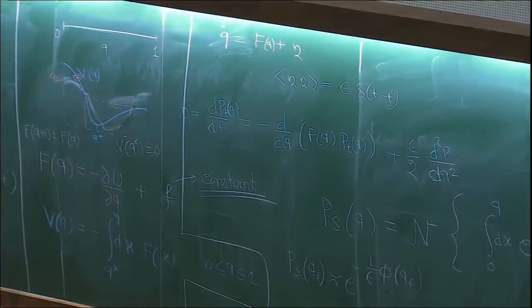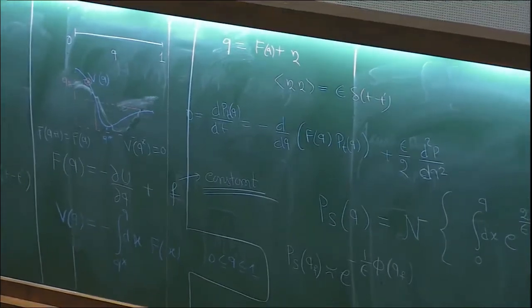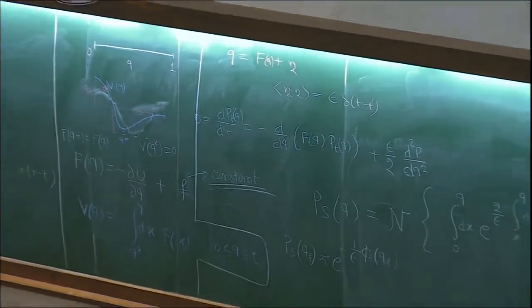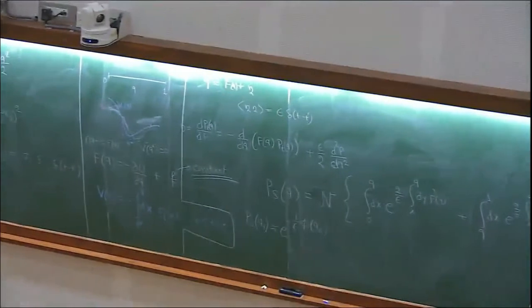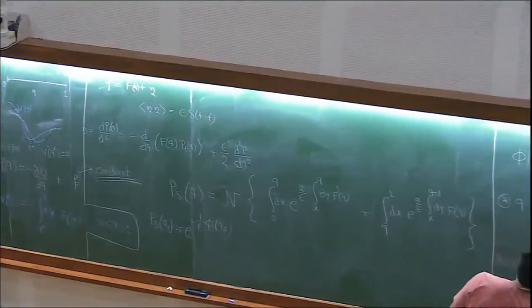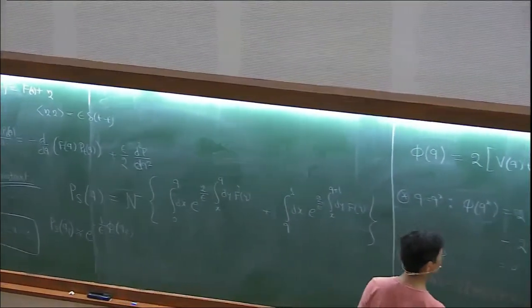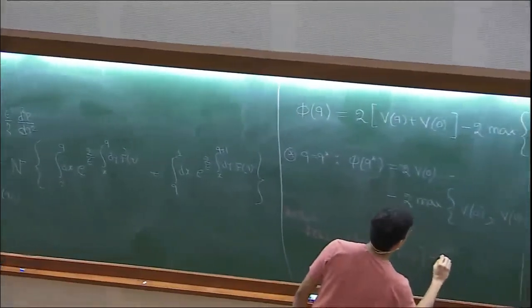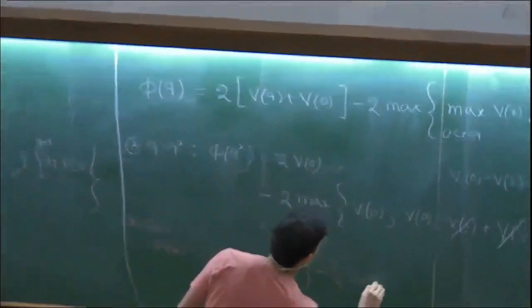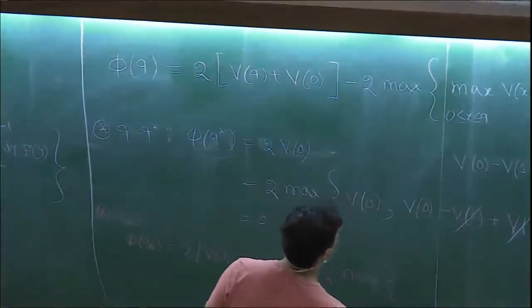So at q a, the phi of q a is simply twice v of q a plus v of 0, minus twice the maximum.